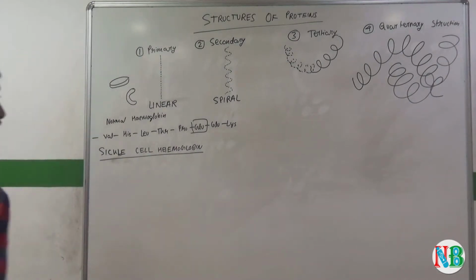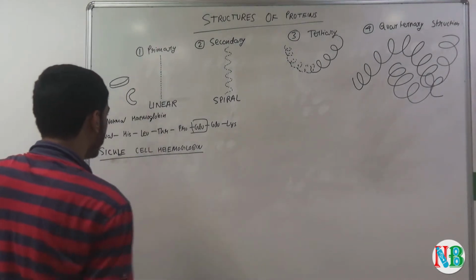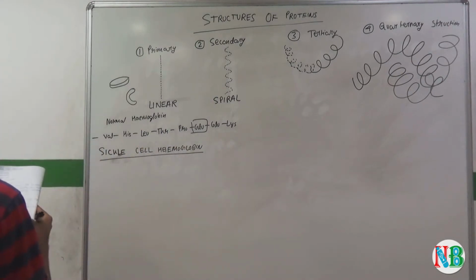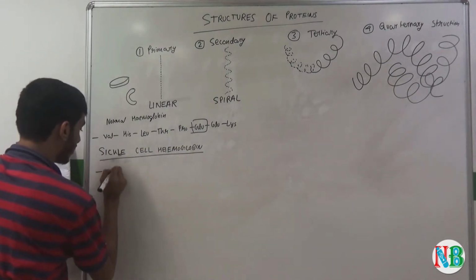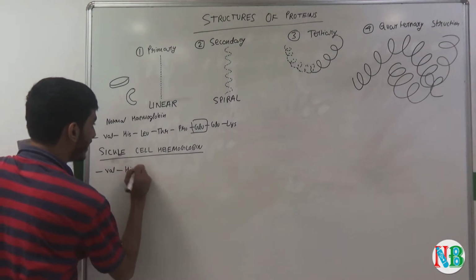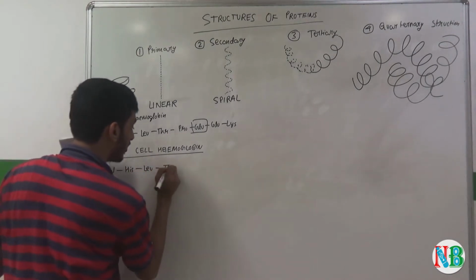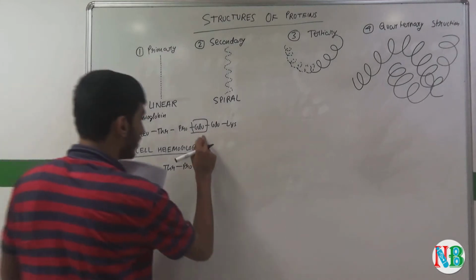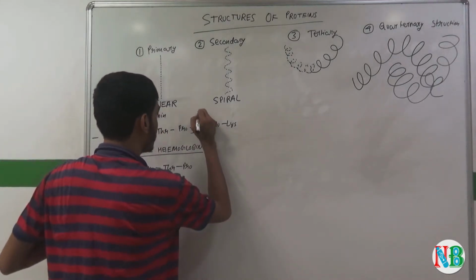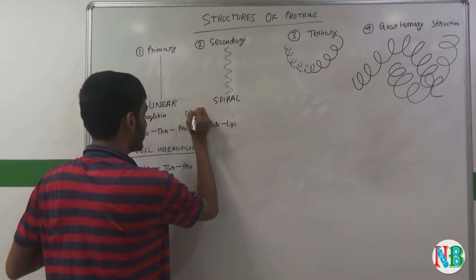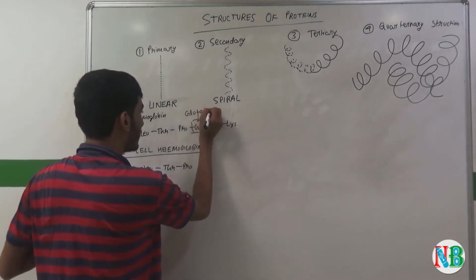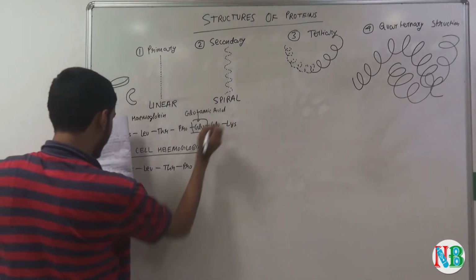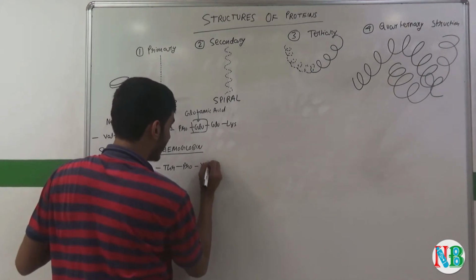If we look closely, the sequence is like valine, histidine, leucine, threonine, proline. Then over here, where you had glutamic acid, in this place you have a valine.